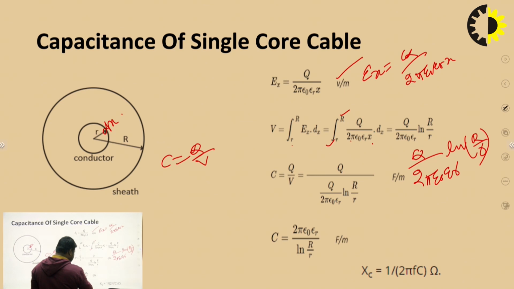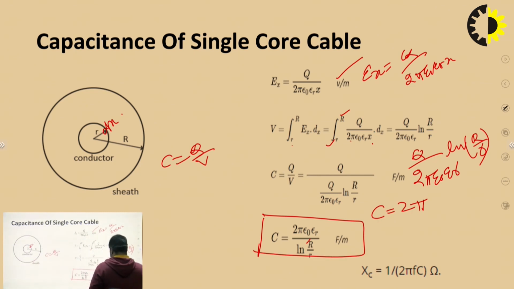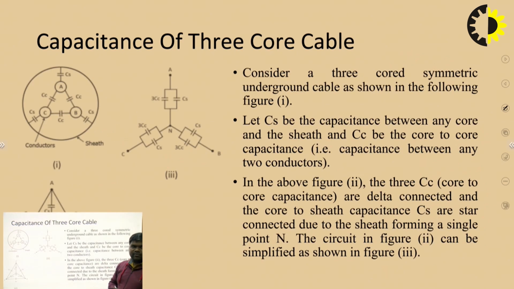So C, capacitance, equal to 2 pi epsilon naught into epsilon r divided by ln capital R by r, and the unit is farad per meter. And Xc equal to 1 upon omega C, and omega equal to 2 pi f.